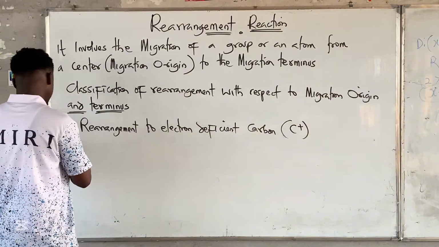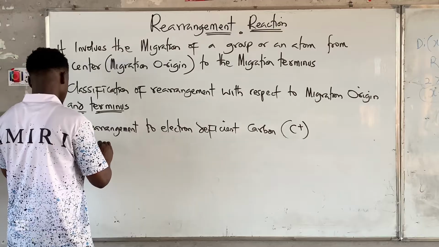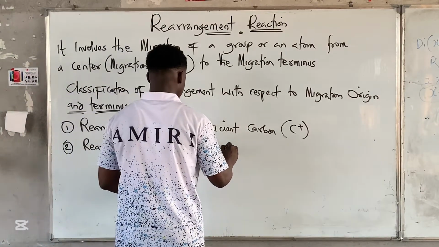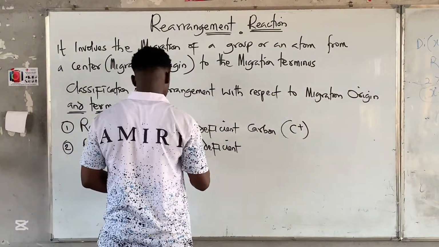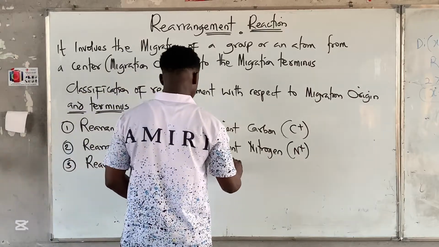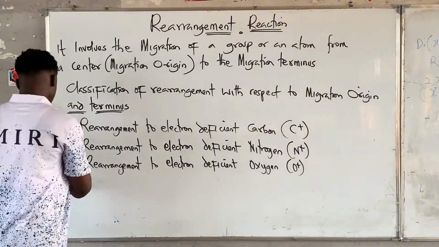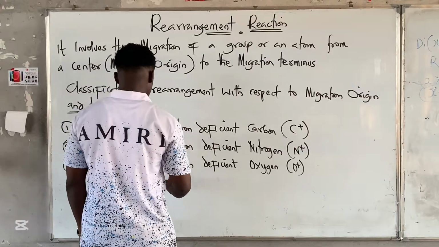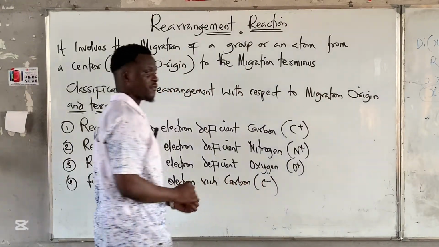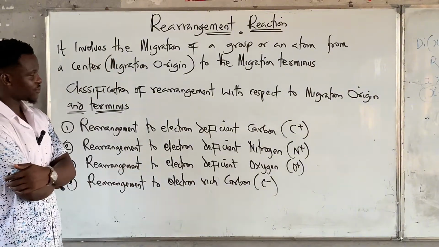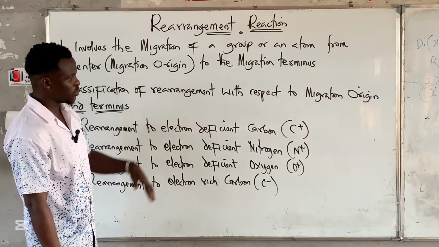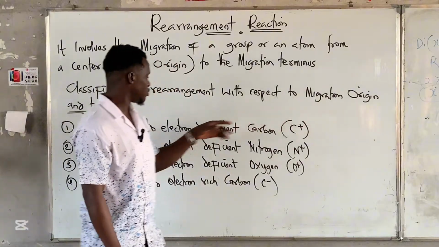Now the second one is rearrangement to electron rich carbon center. In this case, carbon is seen to have a negative charge. So these are the various classifications of rearrangement reaction with respect to the migration origin to migration terminus.